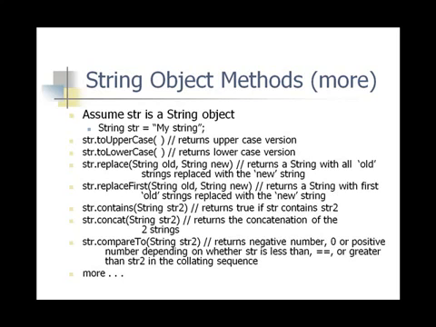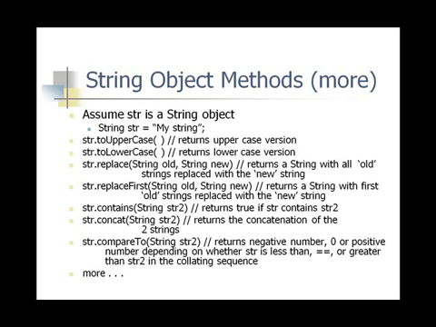Remember, we know how to concatenate two strings with the plus sign. The plus sign typically doesn't work for any type of objects, but String is a special class. And then finally, we want to mention compareTo. Sometimes it's not good enough just to know whether or not two strings are equal, but you might want to find out which one's larger, which one's smaller.